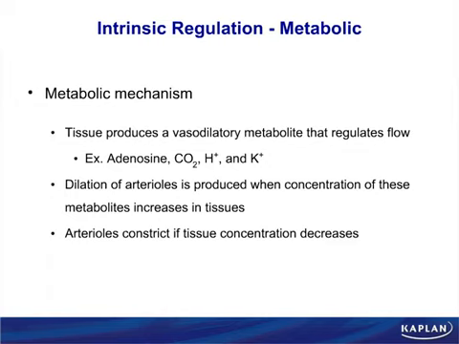We will get arteriolar dilation when the concentration of these metabolites increases. If the concentration goes down, then the arterioles constrict. So vasodilator metabolites relate to the metabolic mechanism of intrinsic regulation.